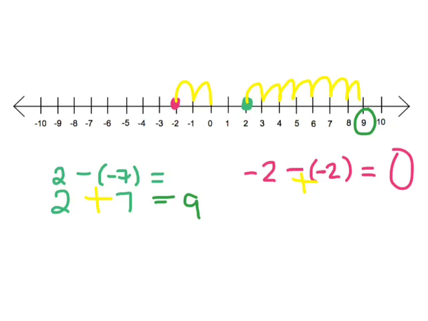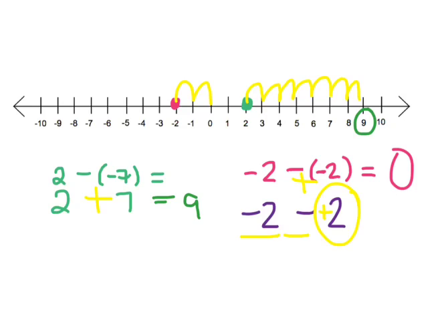What if it looks like this? One more. -2, take away 2. Think about this. -2, subtract 2. Is that 2 positive or negative? Positive. I'm taking away 2. So look here.